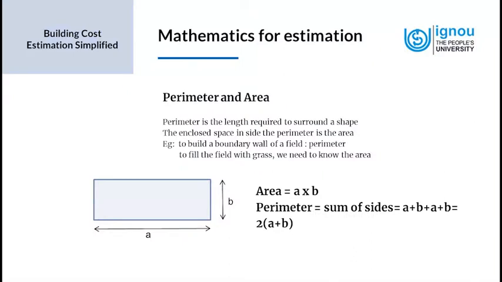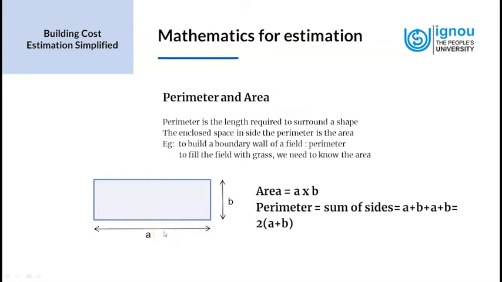Perimeter and area are interrelated, but we'll see what the difference between both is. The perimeter is the length required to surround a shape, and the enclosed space inside the perimeter is the area. For example, say we have a rectangle of sides A and B, and in order to find its boundary, the distance on its border, that is what we mean by perimeter.